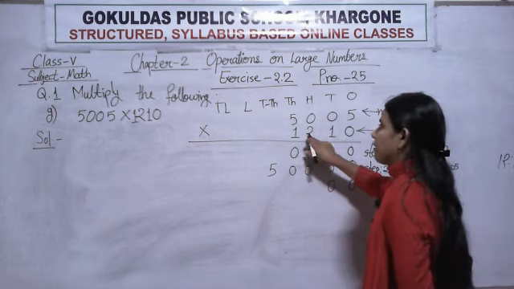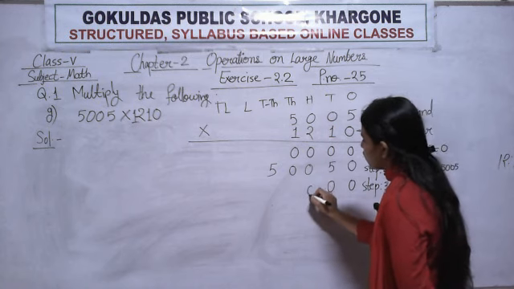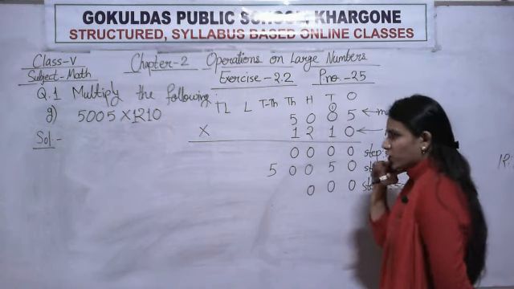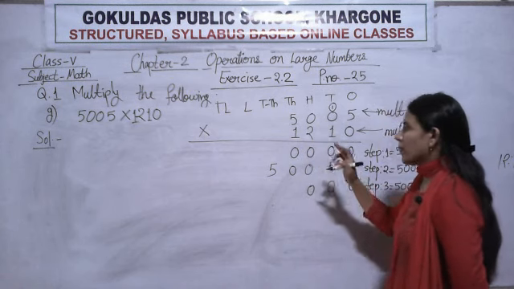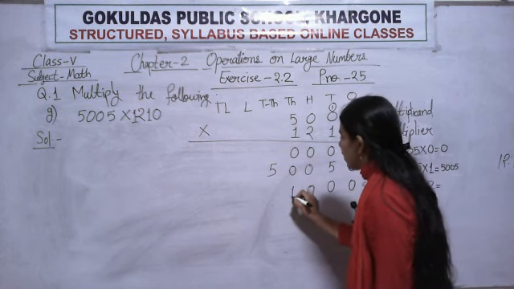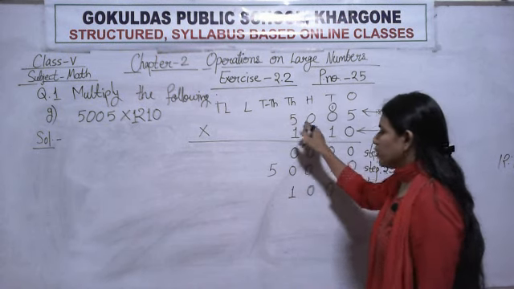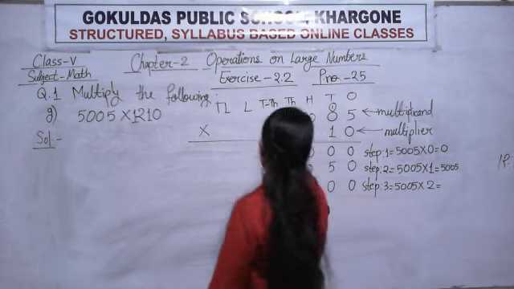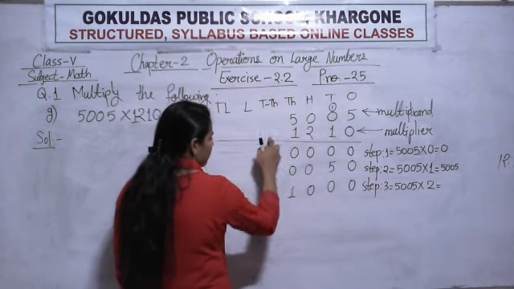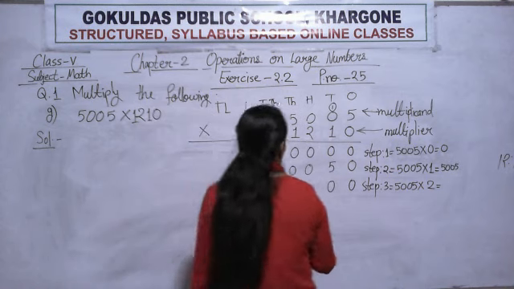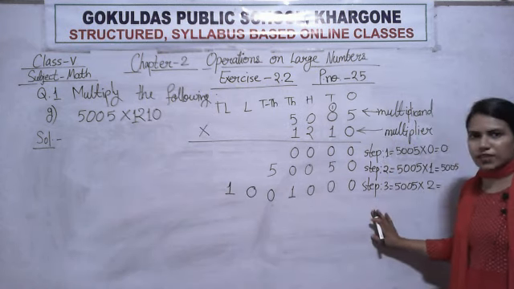Now you can multiply. 2 5s are 10, so you will write 0 over here. 1 will be regrouped with the next column. Now 2 into 0 is 0. 0 plus 1 is 1, so write 1 over here. Now 2 into 0 is 0. 2 5s are 10, so you will write 10 here. Okay. Now step 3 is done.